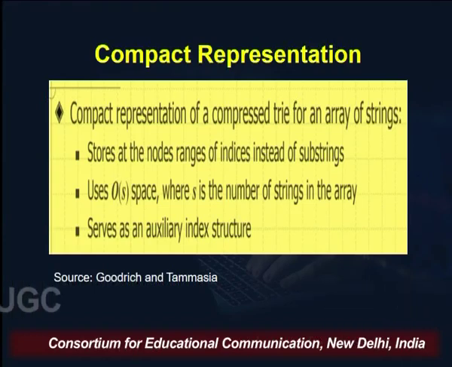So, this is actually storing the node ranges of indices instead of string. How, that I will explain in a short while, and it uses order of S space, where S is the number of strings in an array, and it serves as an auxiliary index structure for any of the databases.